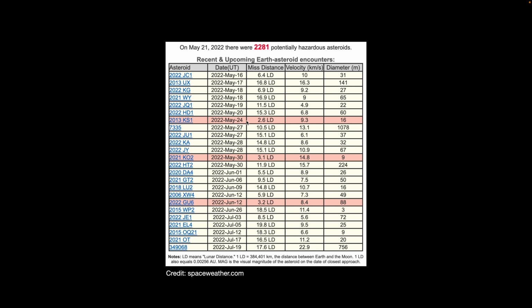So in 2 days we have an object with a size of around 16 meters. So this is like the Chelyabinsk meteor size, having a close flyby at 2.6 LD, which is around, I would say, 1 million kilometers. So it's not really critical, but on astronomical scales, it's quite close.